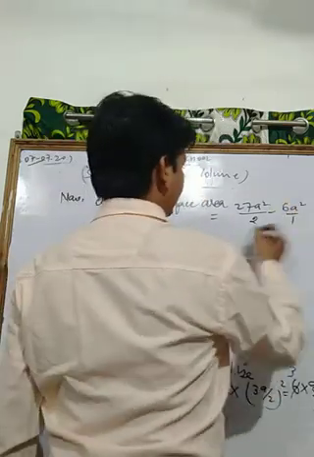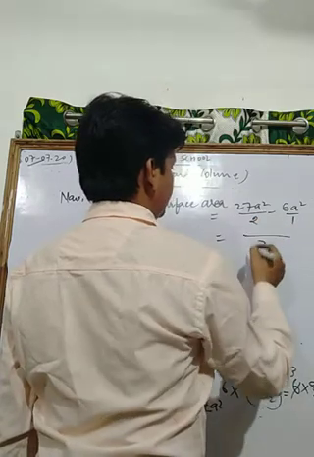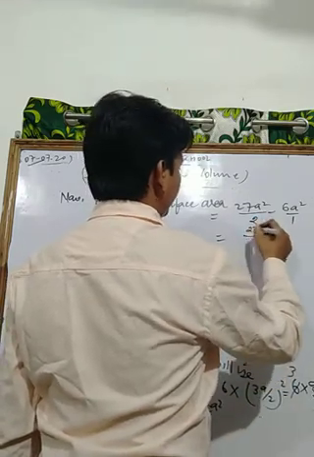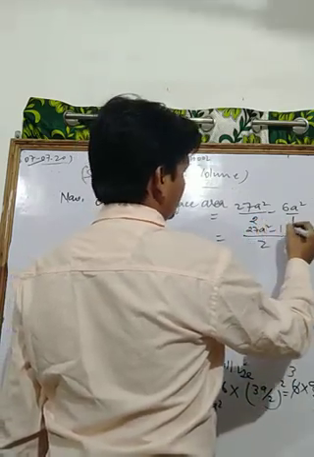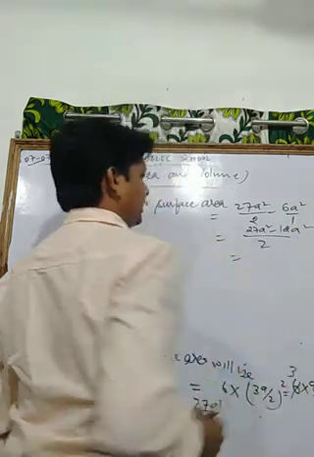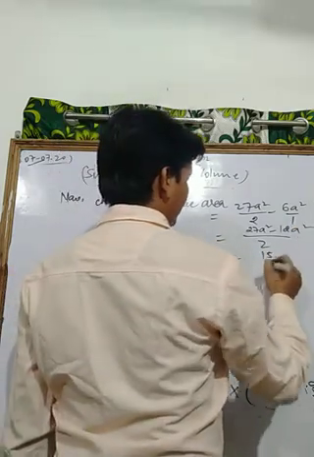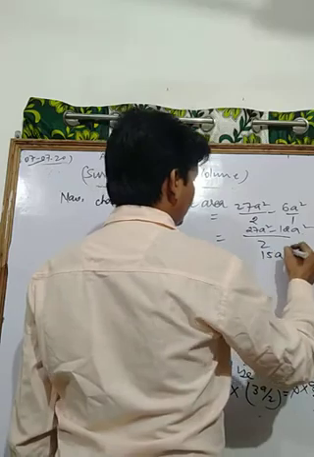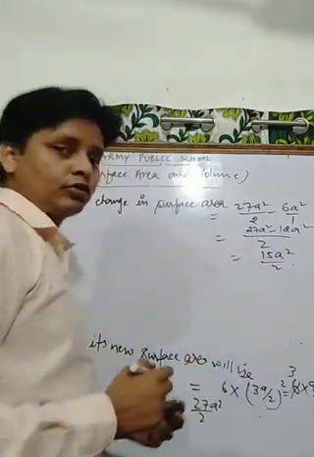Taking 2 as the LCM, 27a square minus 12a square, then I get 15a square by 2.